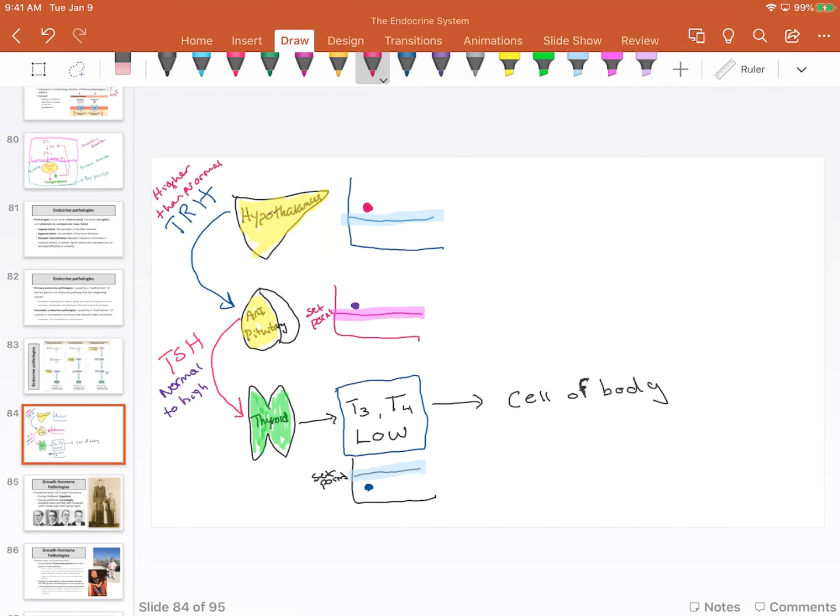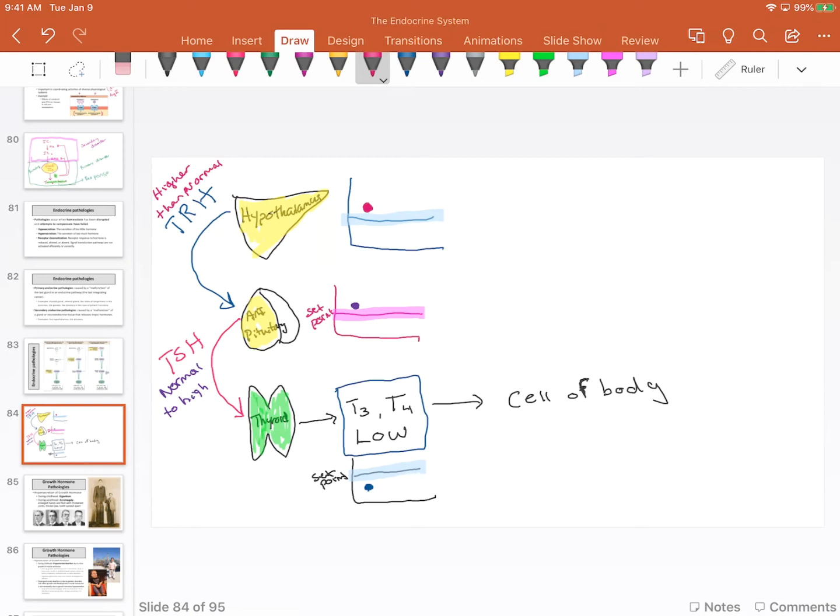If I keep stimulating my anterior pituitary and I'm saying, hey, make TSH, it's going to make more. Now, if I was a healthy person, when my anterior pituitary makes more TSH than is normal, the thyroid should respond by making more T3 and T4. But in this example, did it? No, it made less.